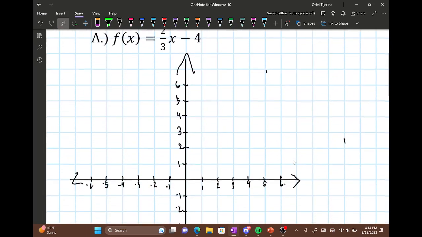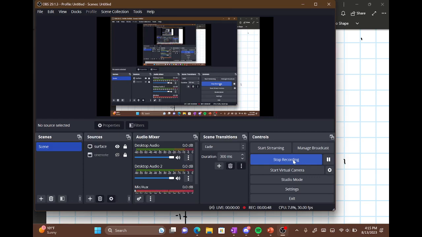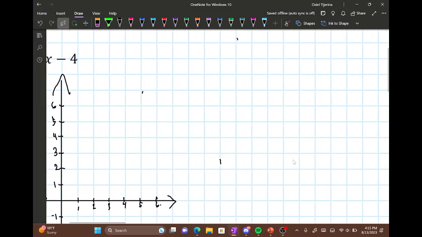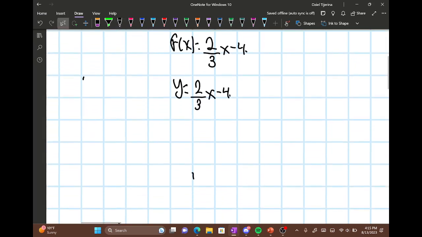So the first one that we have here is f of x equals 2/3 x minus 4. We're going to go ahead and write that down first. We obviously know that we have y equals 2/3 x minus 4, and this is of the form y equals mx plus b.